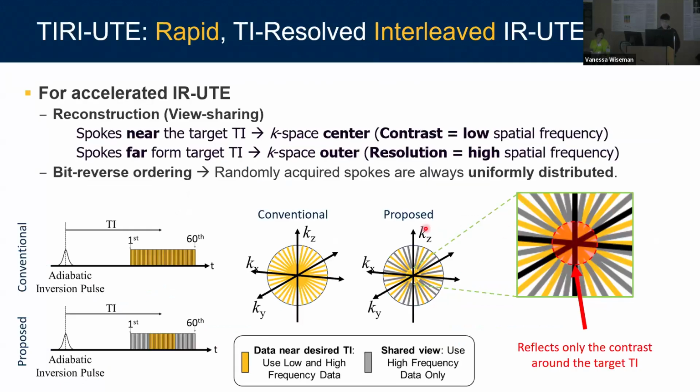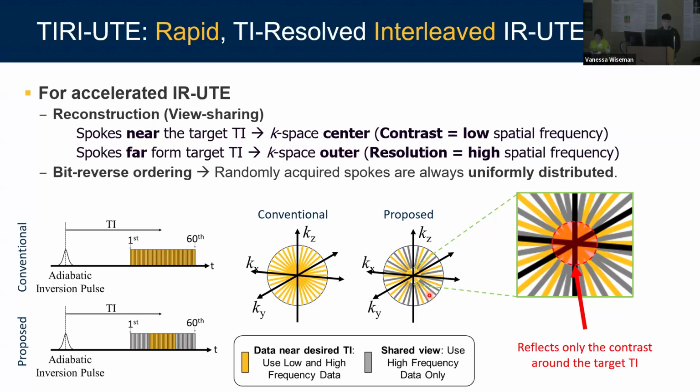To address this challenge, we proposed the TIRI-UTE method. It is similar to a view sharing method. First, we acquire 60 NSP, and only the 20 spokes near the target TI are used for full data reconstruction, and spokes far from our target TI are used only for high frequency, to improve image resolution.